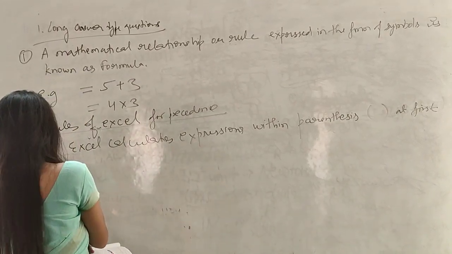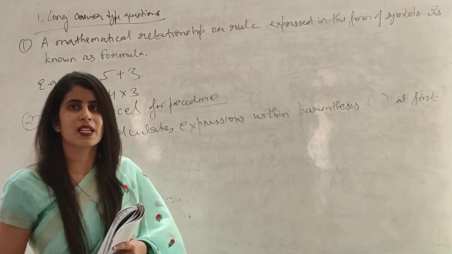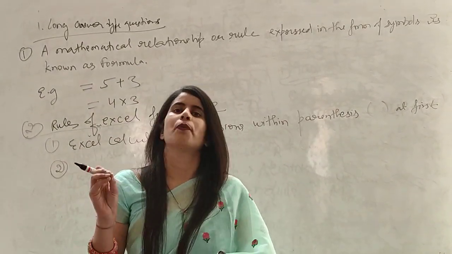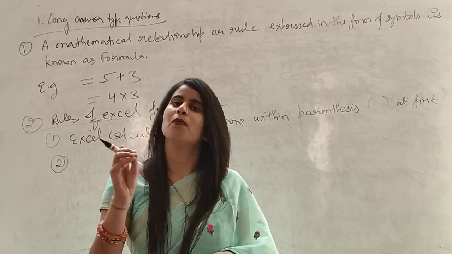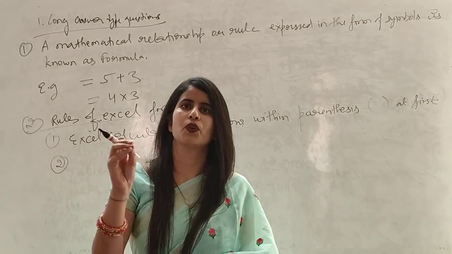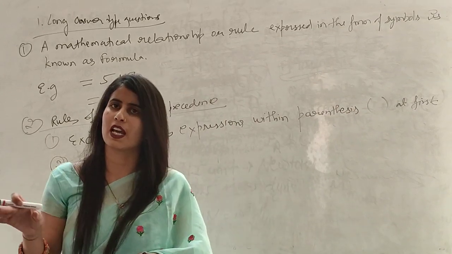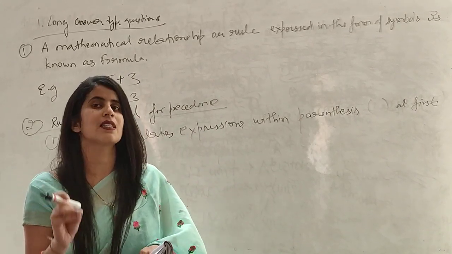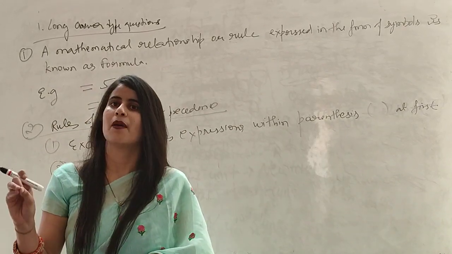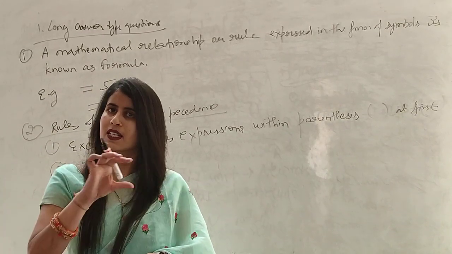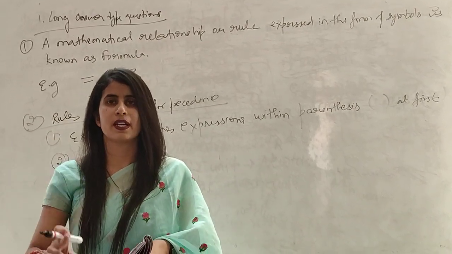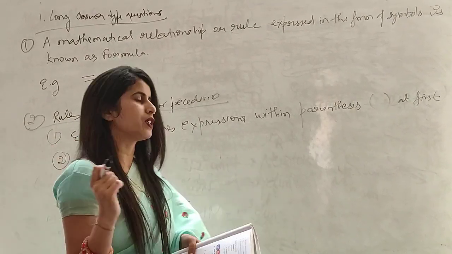The second one is Excel calculates the consecutive operators with the same level of precedence from left to right. Means if operators are having same level of precedence. What is the precedence? Precedence is BEDMAS. BEDMAS means if it is having the same level of precedence, so it calculates the operators from left to right. Okay.